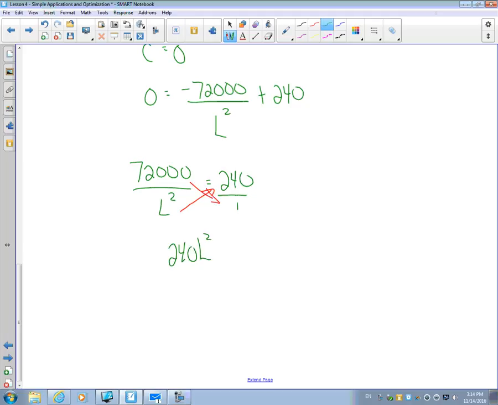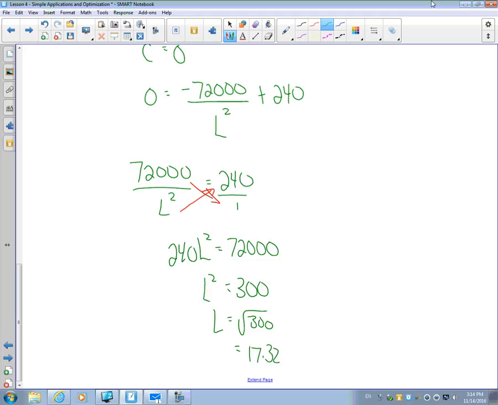And 72,000 times 1, well, that's just 72,000. And I can divide 240 out from both sides. So 72,000 divided by 240 comes out to 300. And L will be the square root of 300. Which, if you do that right, you should get 17.32.